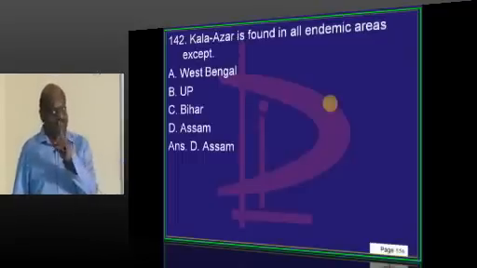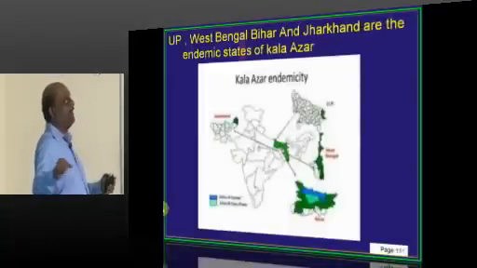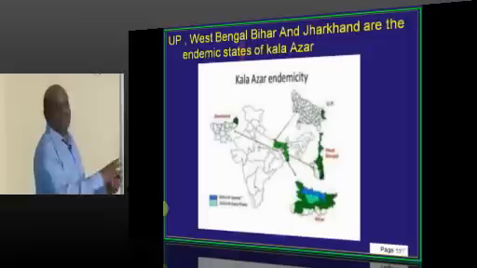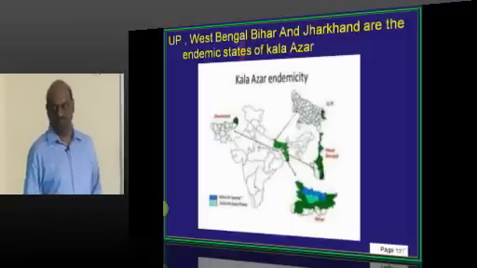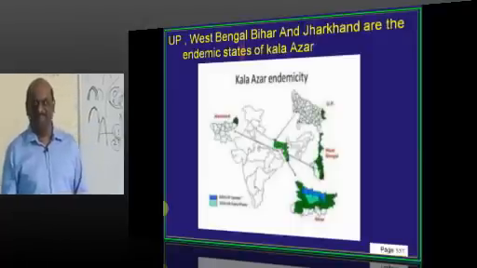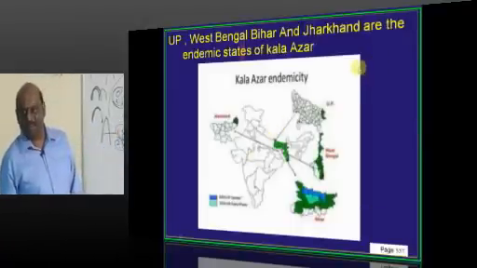Be very sure because it is one single NEET question, right? So you should know UP, West Bengal, Bihar, Jharkhand, the whole of northeastern India is the only place where you have Kala Azar. You can remember China for Kala Azar, because on the northeastern side you have all our neighboring countries.